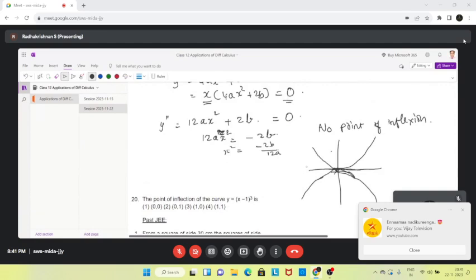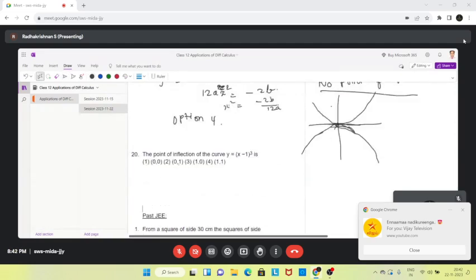That means if a and b are both positive, the slope is always increasing anywhere.